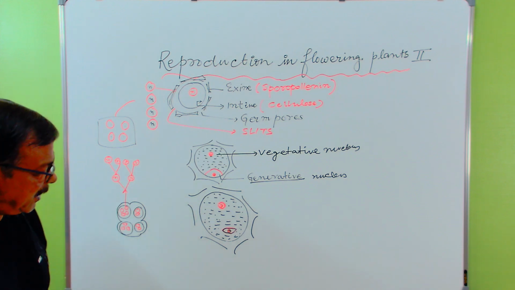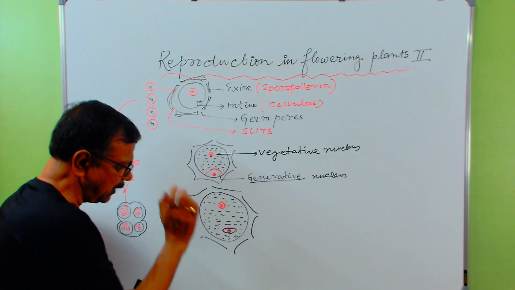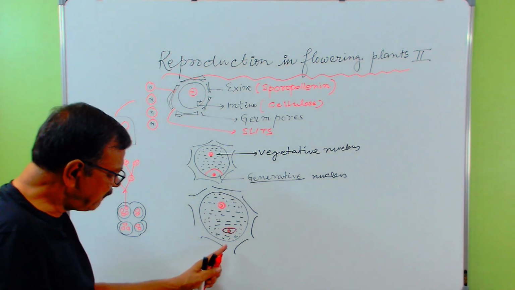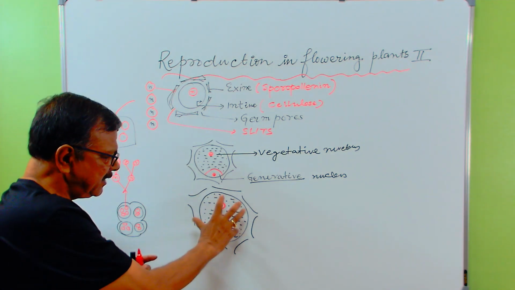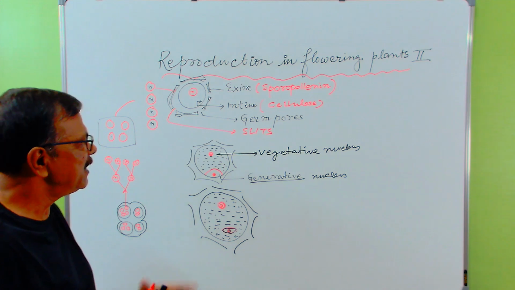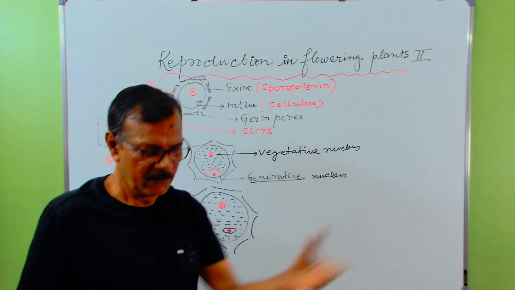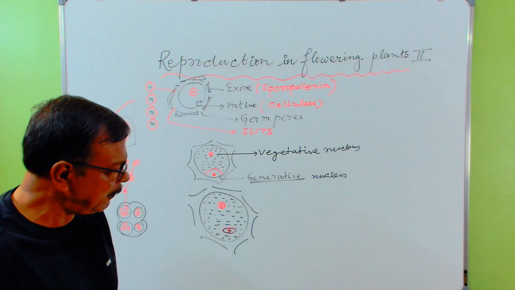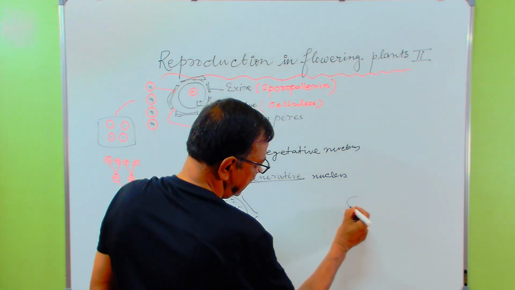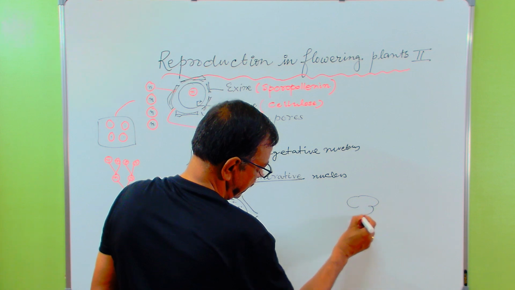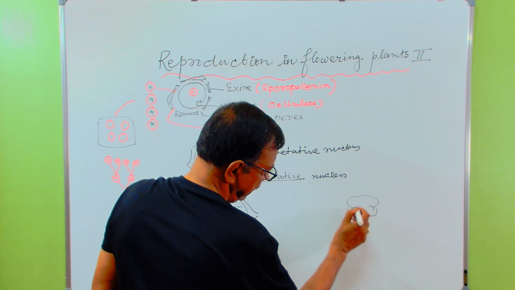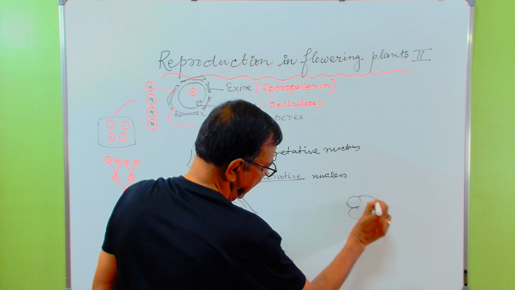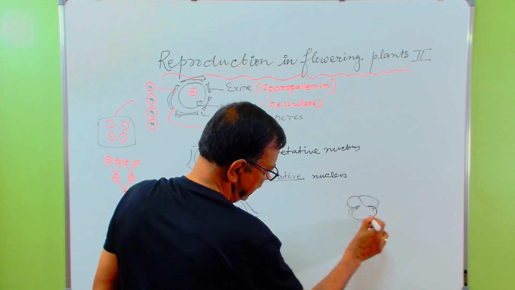Now we have produced two things, that is here this one, and from this onwards, at this two cell stage, the pollen grains will go out. How? The anther is like this. Everything is happening in the anther or microsporangium.